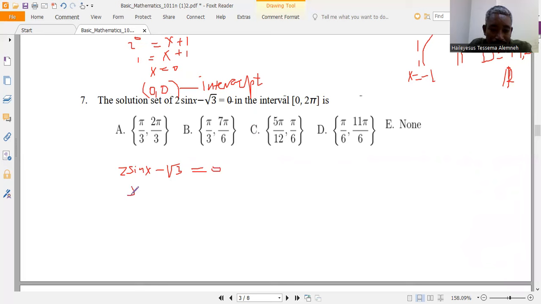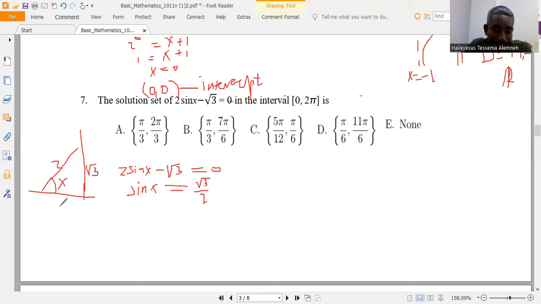Rearranging, we have sine x equal to radical 3 over 2. Using a right angle triangle, sine x is opposite over hypotenuse, so the opposite is radical 3 and the hypotenuse is 2.